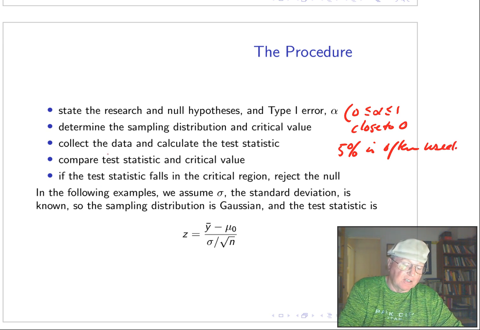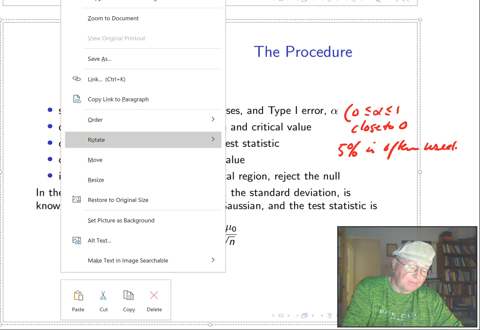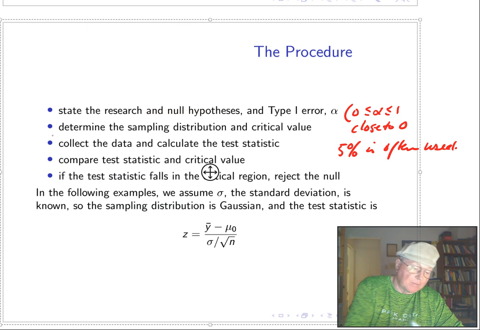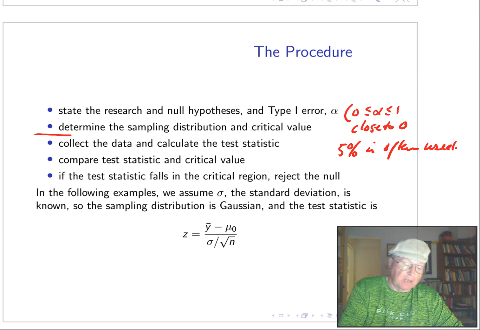Then, collect the data, calculate the test statistic. Compare the test statistic and the critical value. If the test statistic falls in the critical region, reject the null.